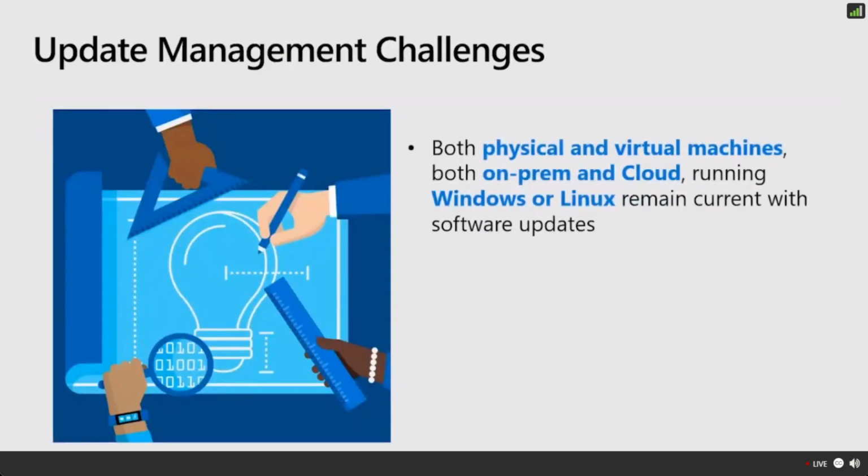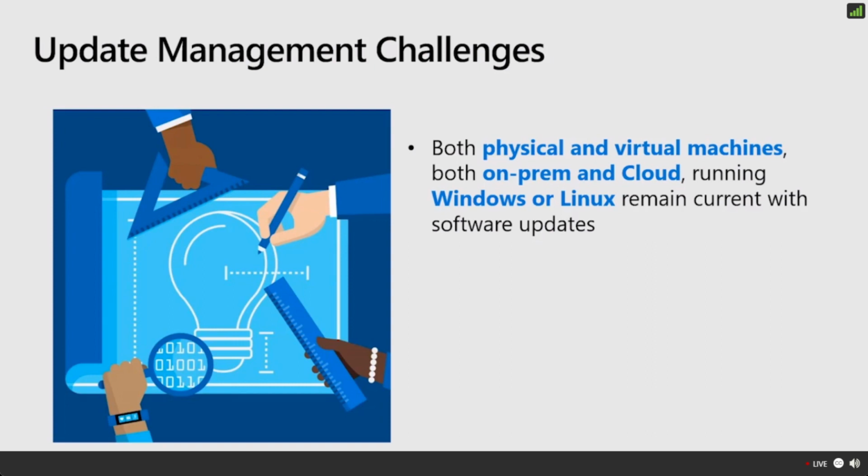Now, let's start with the first challenge we are seeing from Tailwind Traders. One of the largest challenges is update management. So what Tailwind Traders needs to do is they need to actually patch physical and virtual machines running on premises and in the cloud, in Azure, but also other cloud providers.